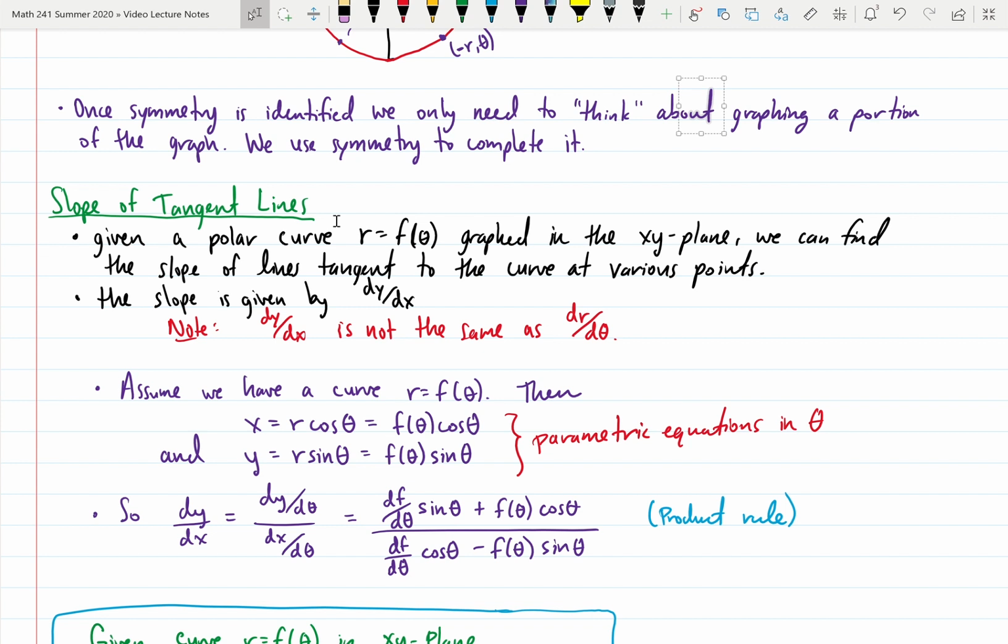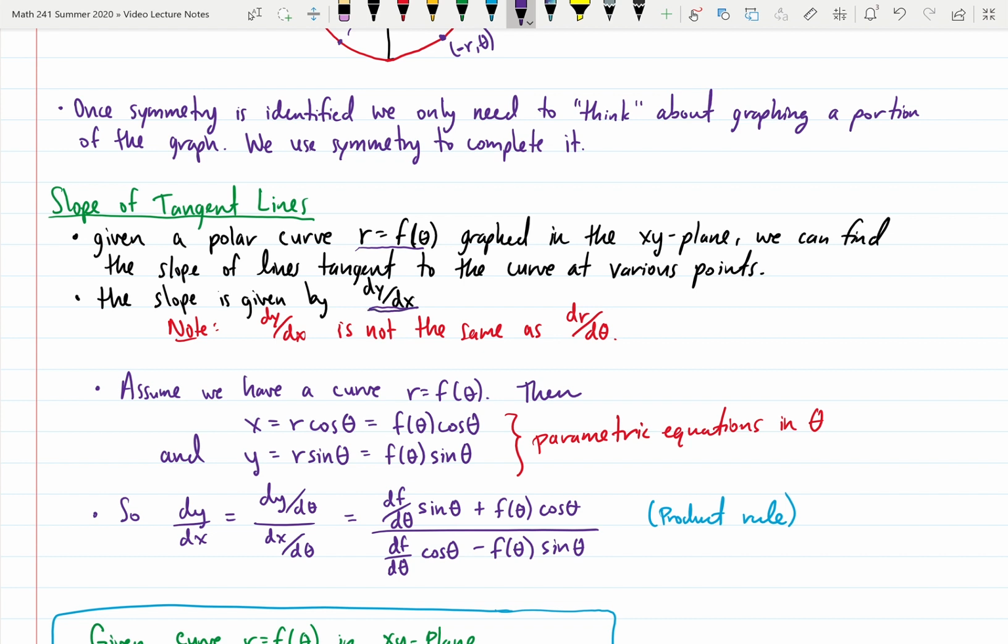Again, we're talking about curves that look like r = f(θ), and we're graphing them in the xy plane. The slope at different points is given by the change in y over the change in x, which is what we're used to.